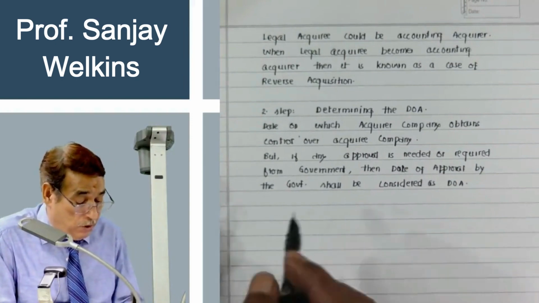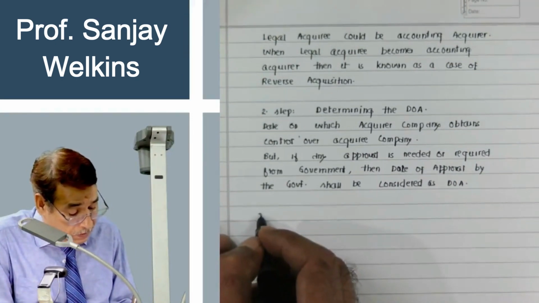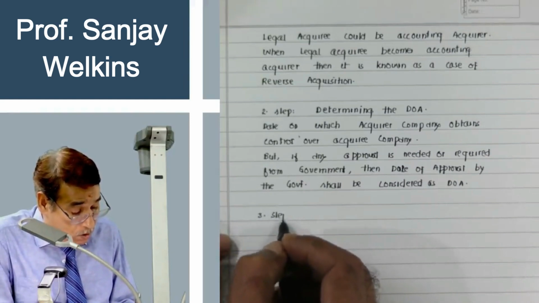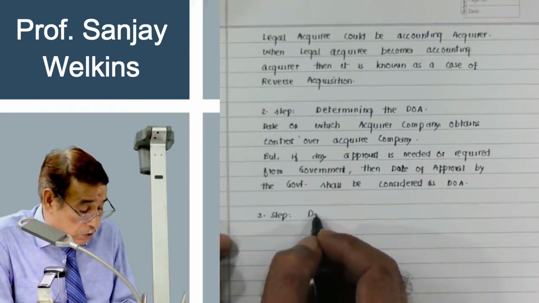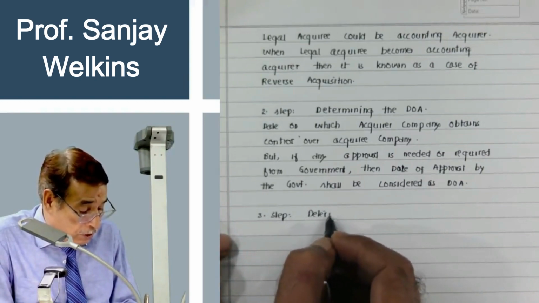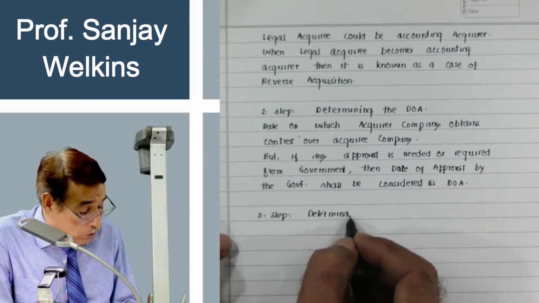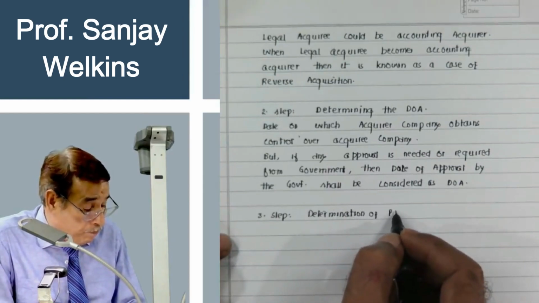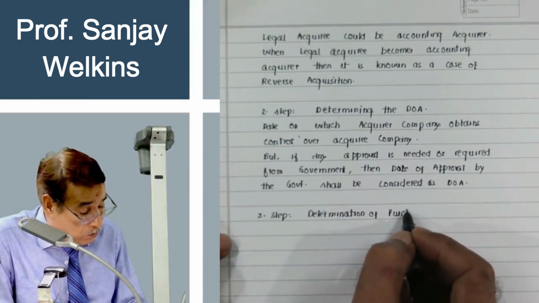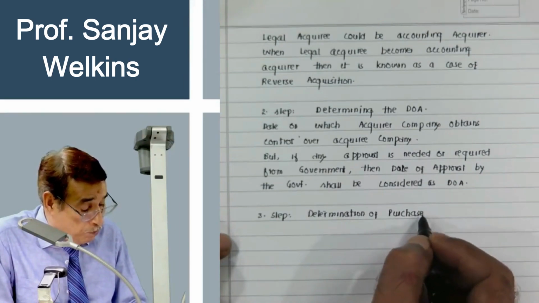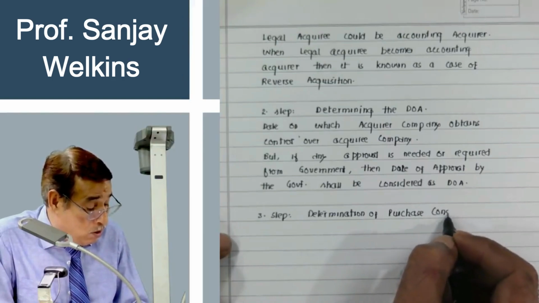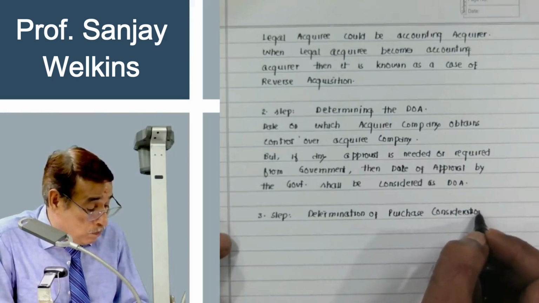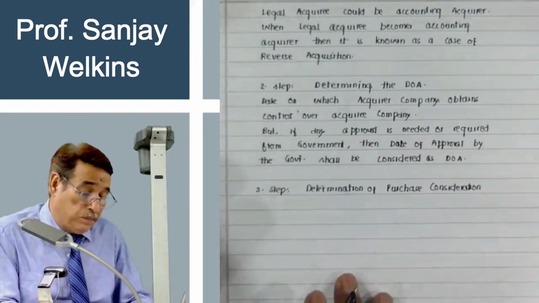The next step is the third step, determination of purchase consideration. Of course it will be given in the question. Determination of purchase consideration: how much money you are going to pay to the acquiree. Correct?